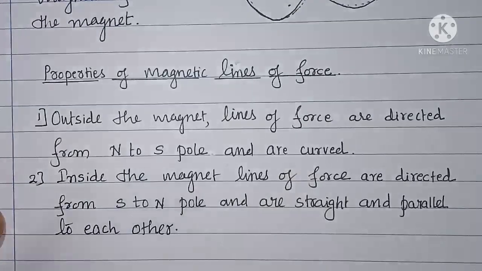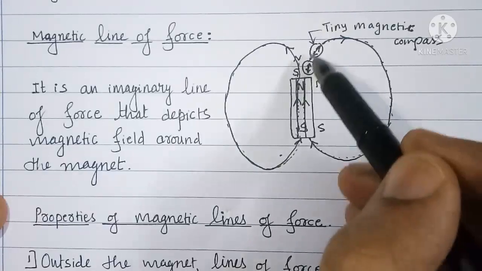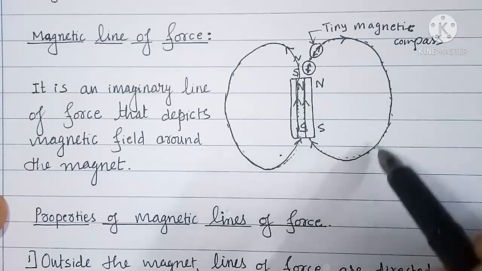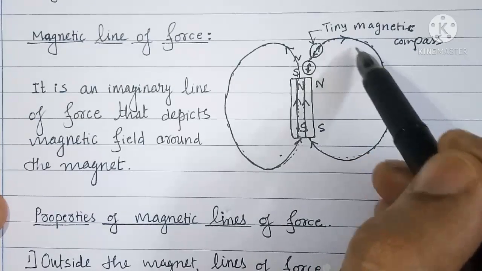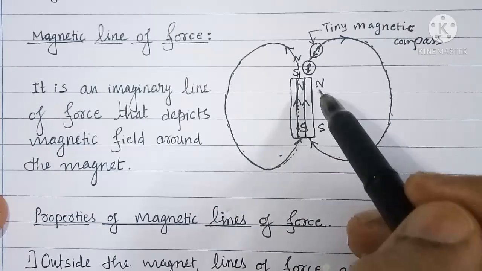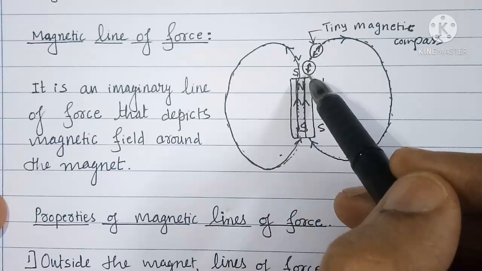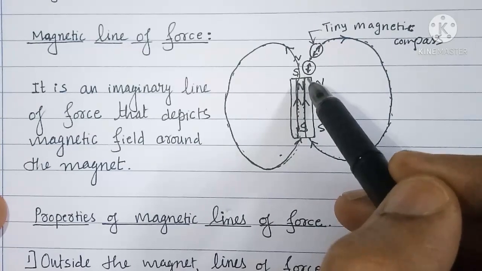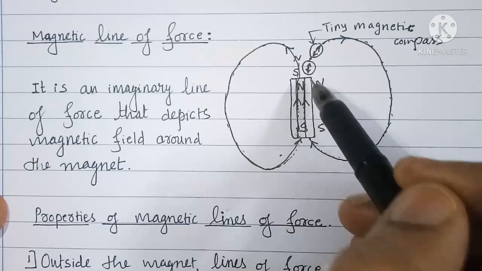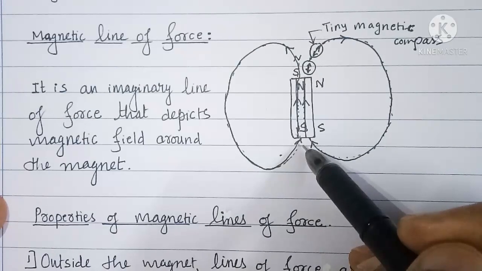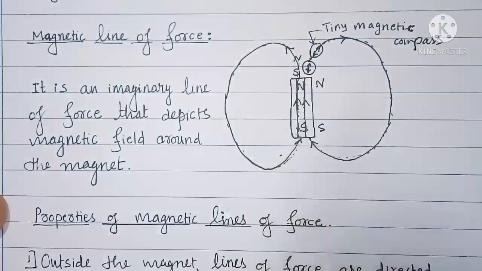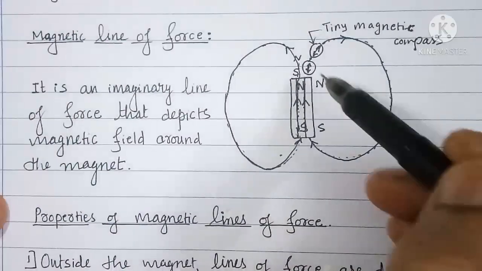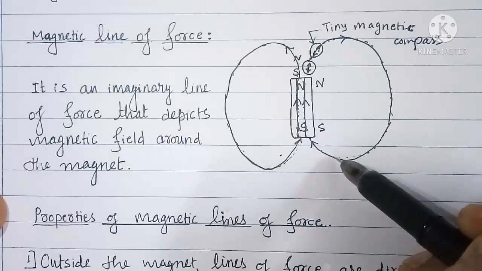That you can see now. This is line of force and is directed from N to S pole. That means outside the magnet line of force starts from N pole and ends at S pole. Similarly on other side also. And also you can observe here the line of force outside the magnet is curved.